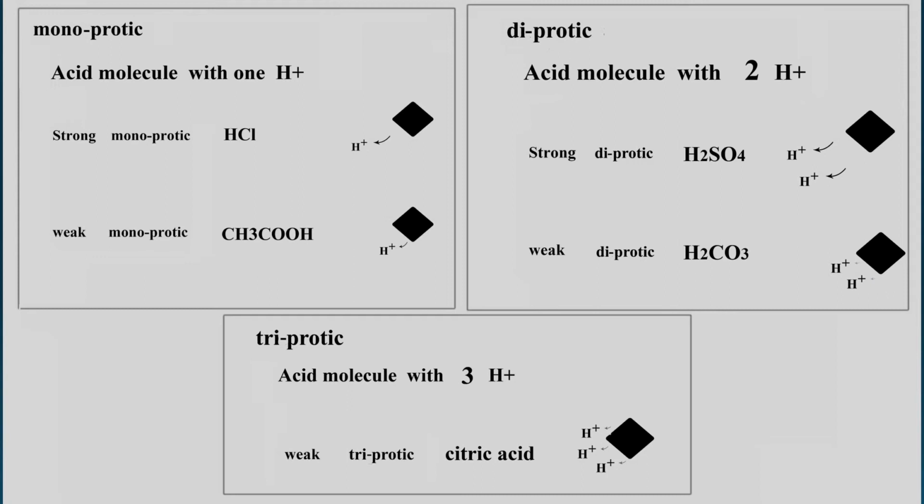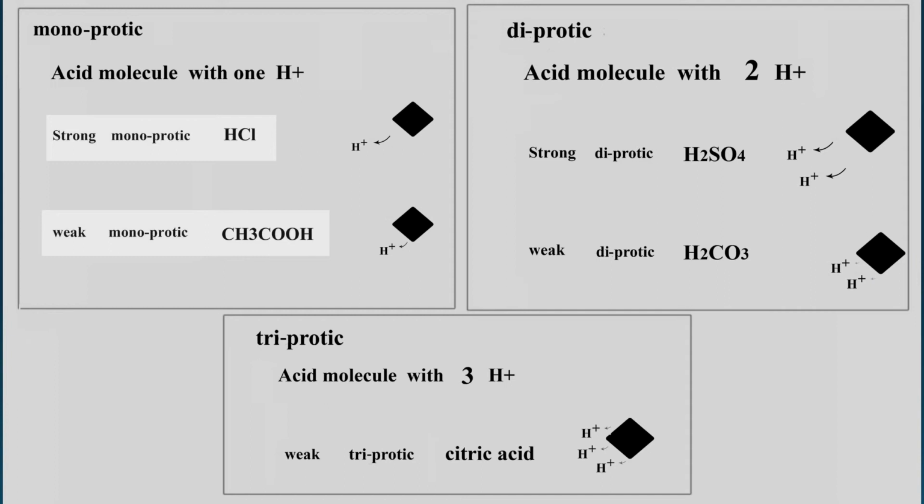Now we look back at monoprotic, diprotic, and triprotic. If you study each one in detail, you find HCl is a strong monoprotic acid. CH3COOH, ethanoic acid, is also monoprotic, but it is a weak monoprotic acid.